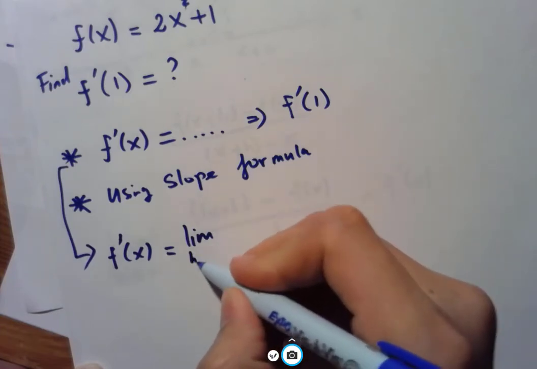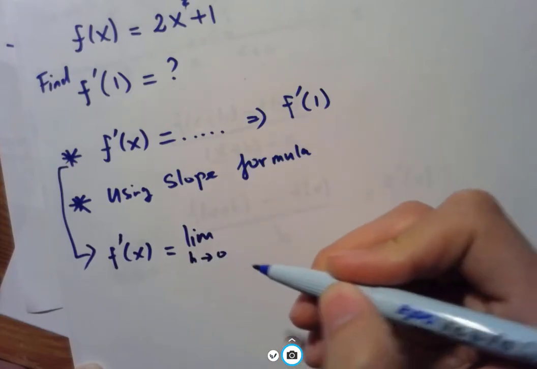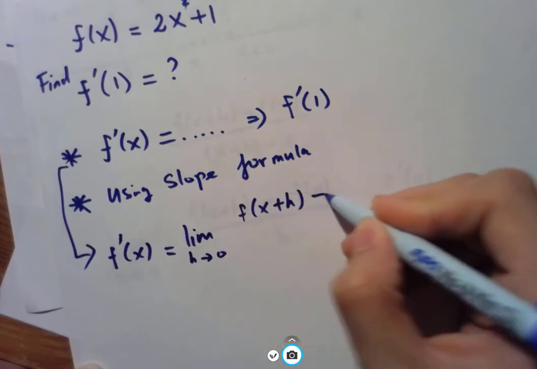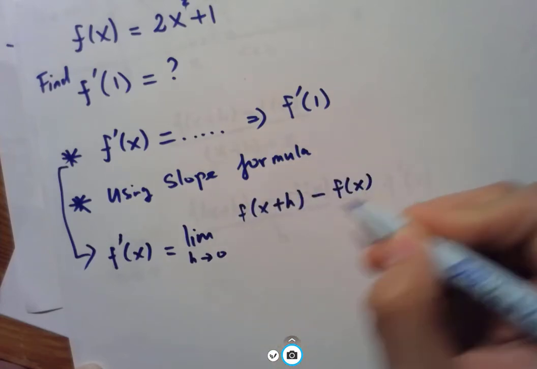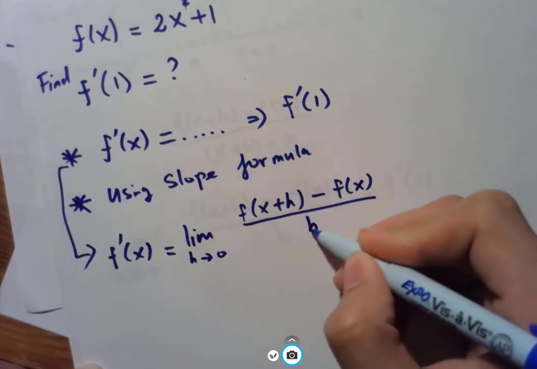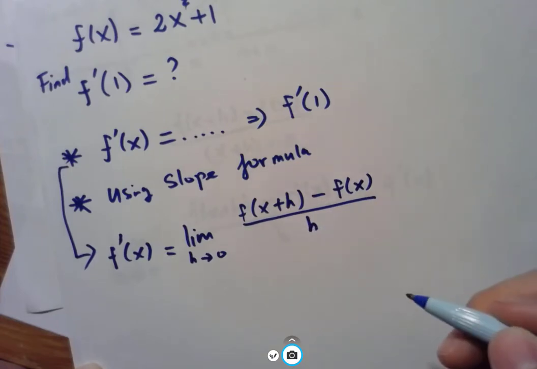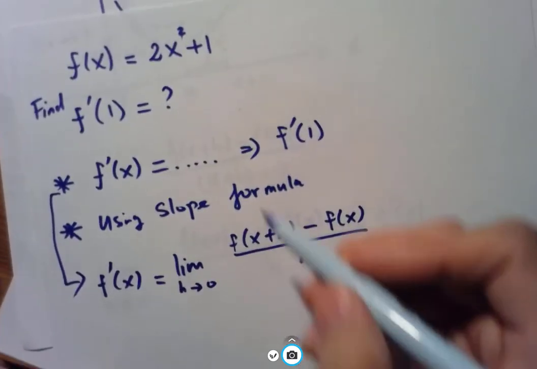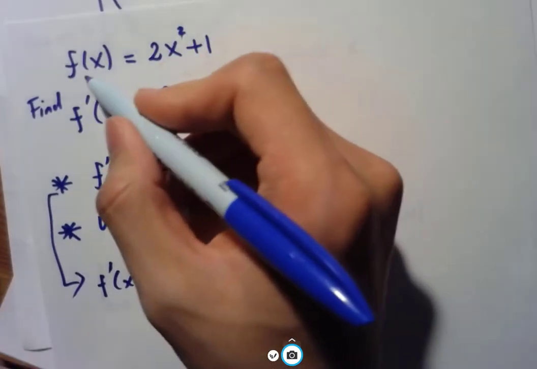So the f prime of x is the limit as h approaches 0, f of x plus h minus f of x over h. h is the distance between the 2 points. Now we were given the function f of x, right?